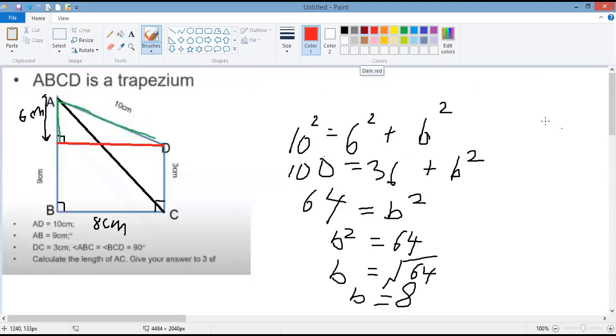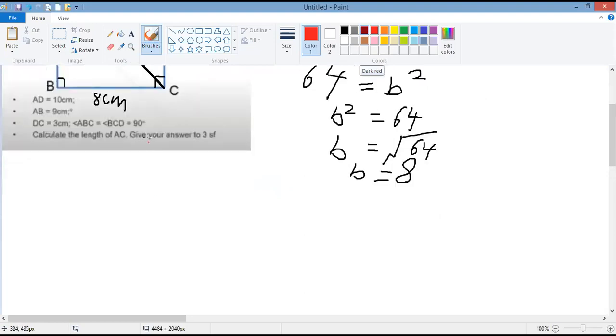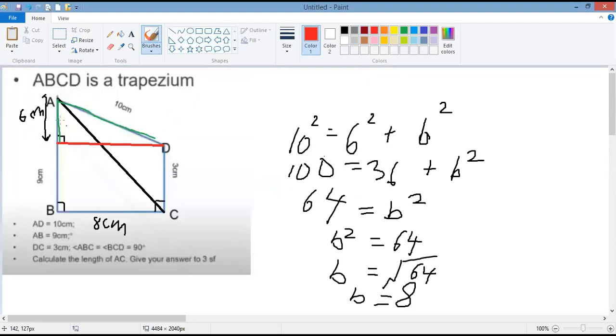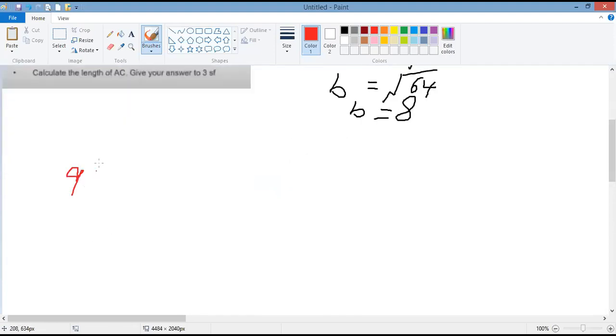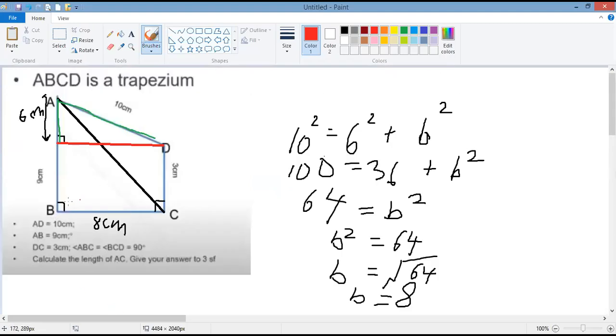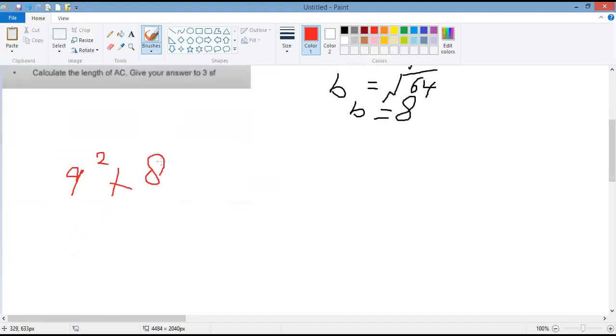Okay, so now I write here. This part is 9 cm. So you get 9 squared plus 8 squared equals AC squared.